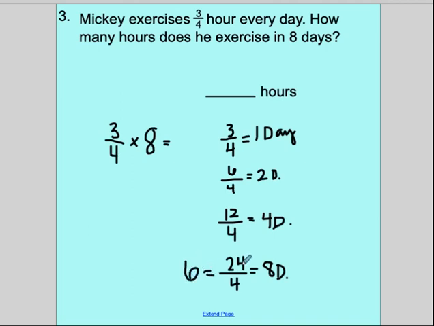So 6 hours is the same as 24 fourths, which is the same as 8 days. So you could solve it that way, or you could just do this if you know how to do this. 3/4 times 8. You could put 8 over 1, making it a whole number. 3 times 8 is 24, and 4 times 1 is 4. So we end up with 24 fourths either way, right? Which is equal to 6.